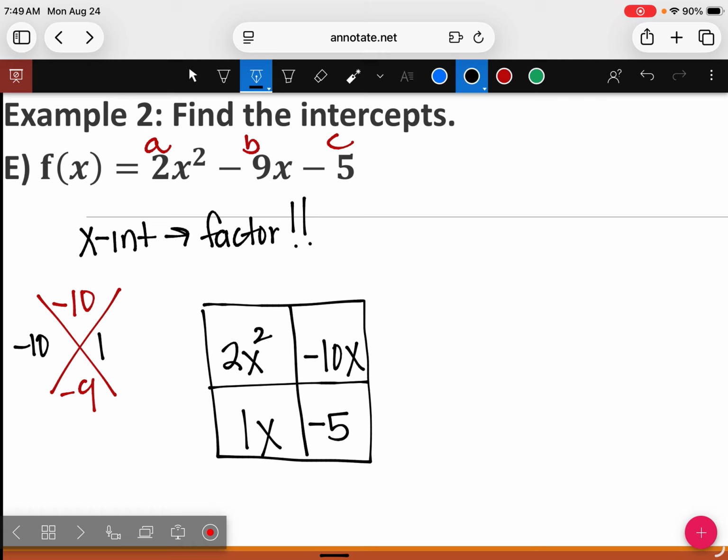And then you're taking out your greatest common factors, which is looking at these two, you're saying, okay, what can I take out? Both of these are even. So because they're both even, we know we can divide them both by 2. I can also take out an x. The only thing that comes out of 1 is 1.